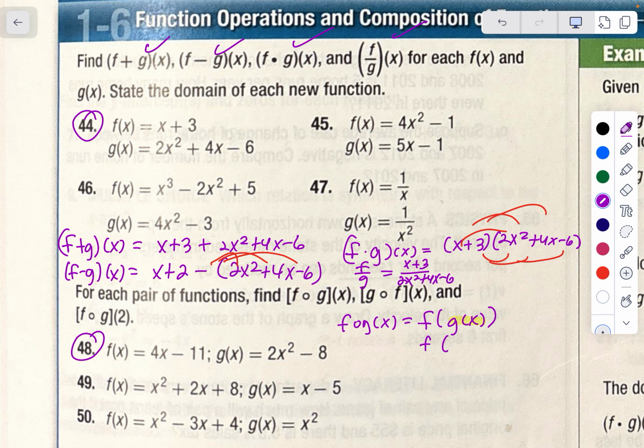Rewrite it with the g sitting there. So g is 2x squared minus 8, sit it there. And then plug it into f. So that's 4 times that input minus 11. And then you would simplify.